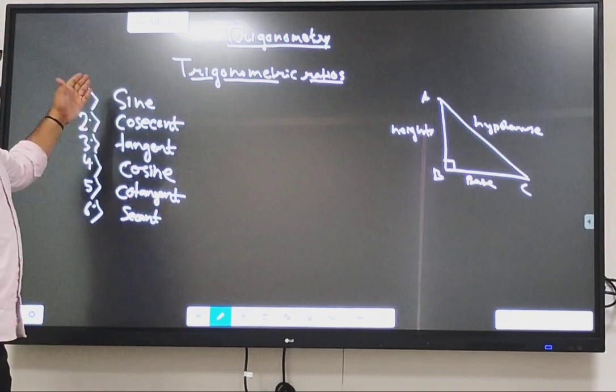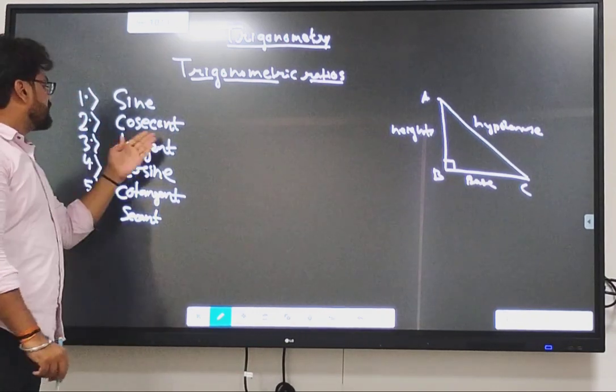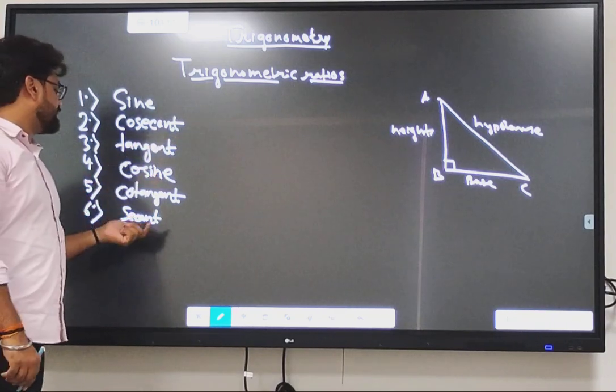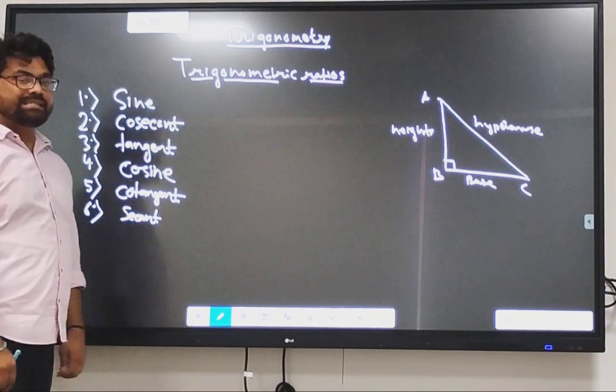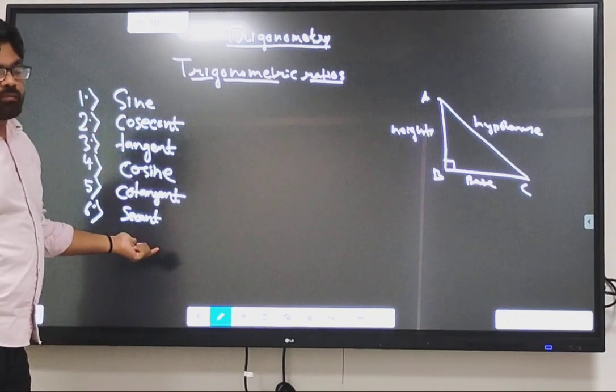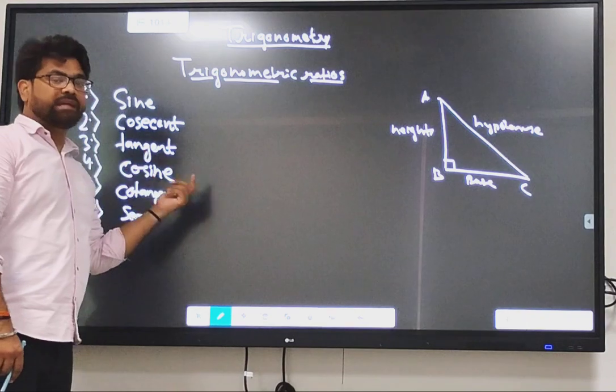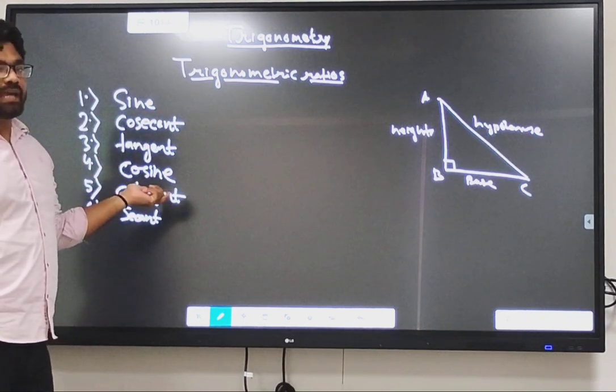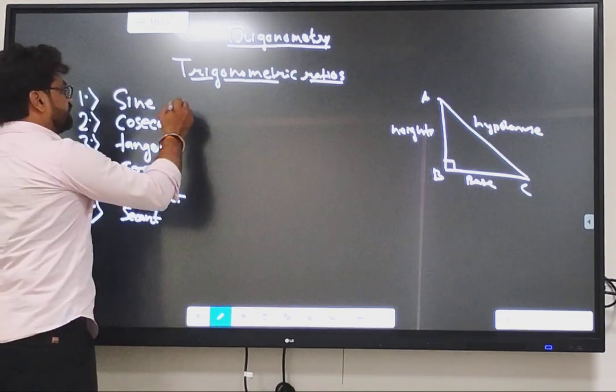So what are the ratios? Sine, cosecant, tangent, cosine, cotangent, and secant. Now these are not always written in this form, because writing it every time will take so much time. So it is written in short form.